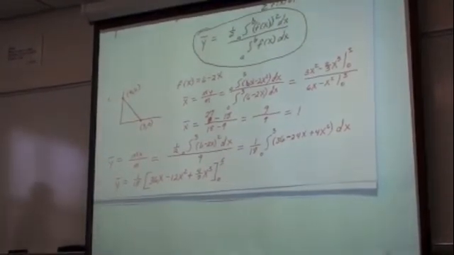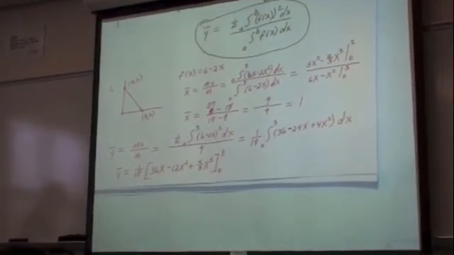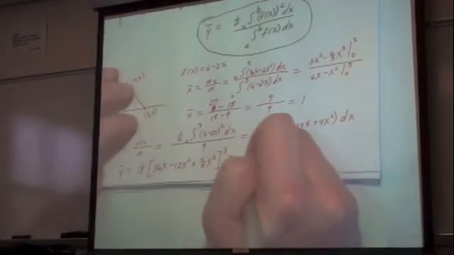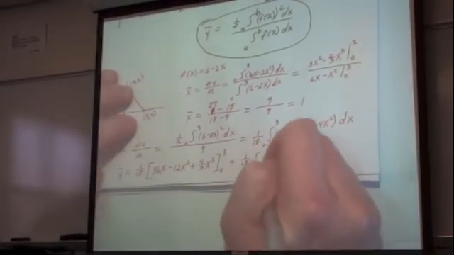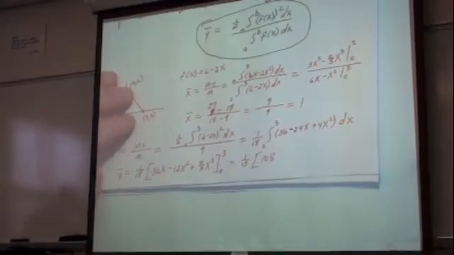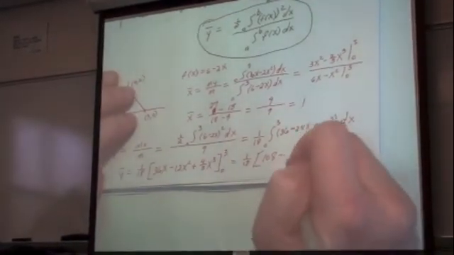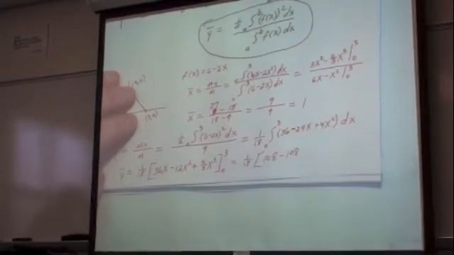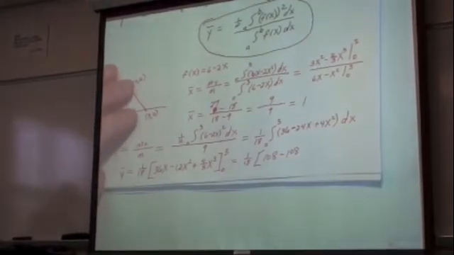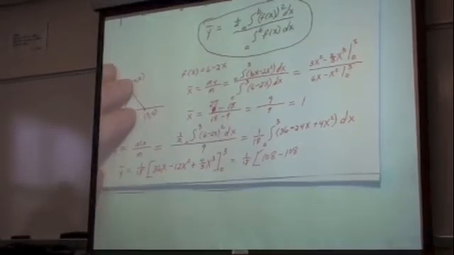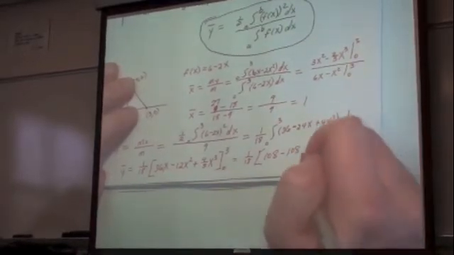So when I plug in a 0 I get a 0. When I plug in the 3 I'll have 36 times 3, 108. Minus 12 times 9, hey, that's 108. And then 4/3 times 3 cubed, that's going to give me 4 times 9 is 36.